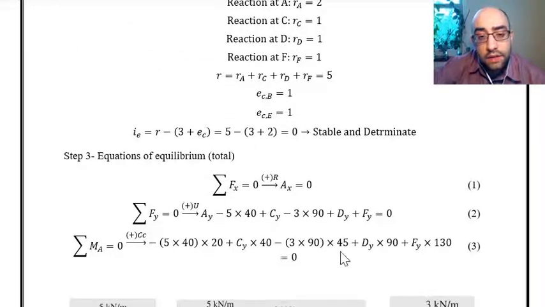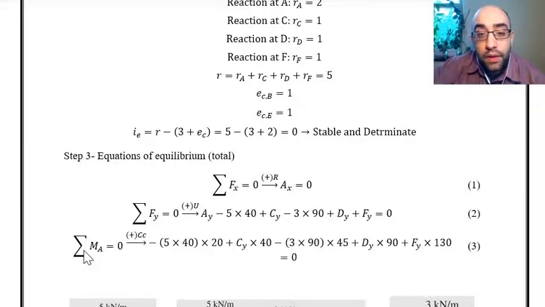As you can see, I calculated the moments because of each of those forces about point A, and as you can see I have 1, 2, 3 unknowns in this equation, and considering these 2 equations, summation of forces in vertical direction and summation of moments about point A, these are not going to help me finding the unknown values.